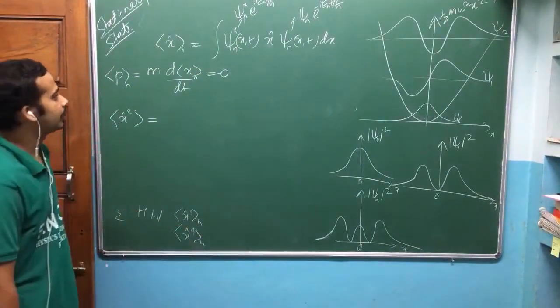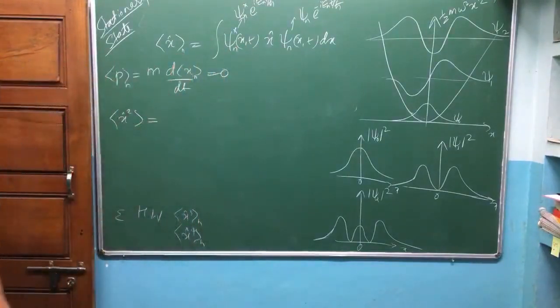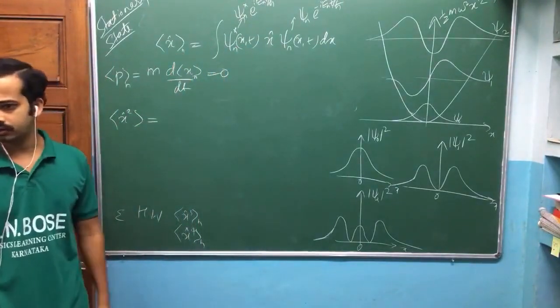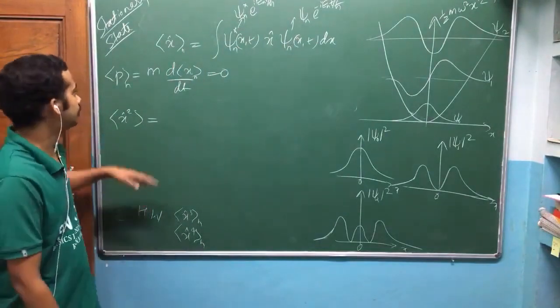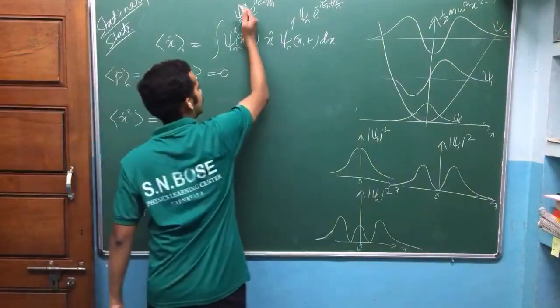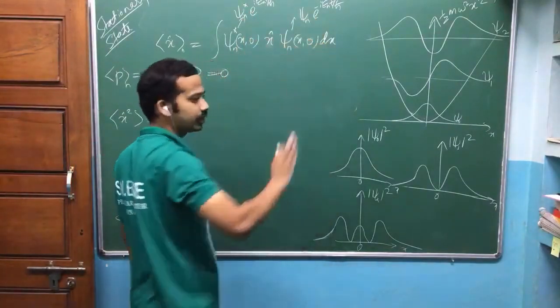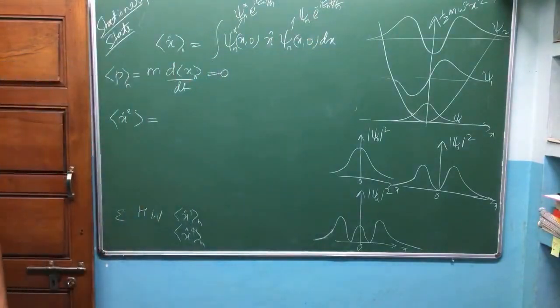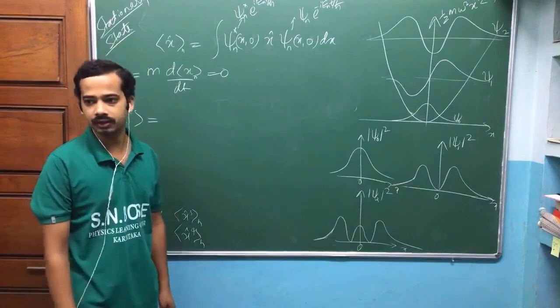If you have taken the time dependent wave function, now you can use this one. That's what he mentioned in some problem in the first chapter. You should not use this one. If you were using psi n of x comma 0, not psi n of x comma t, for a stationary state, nothing does matter actually. Is that okay? For a linear combination state, it does matter.